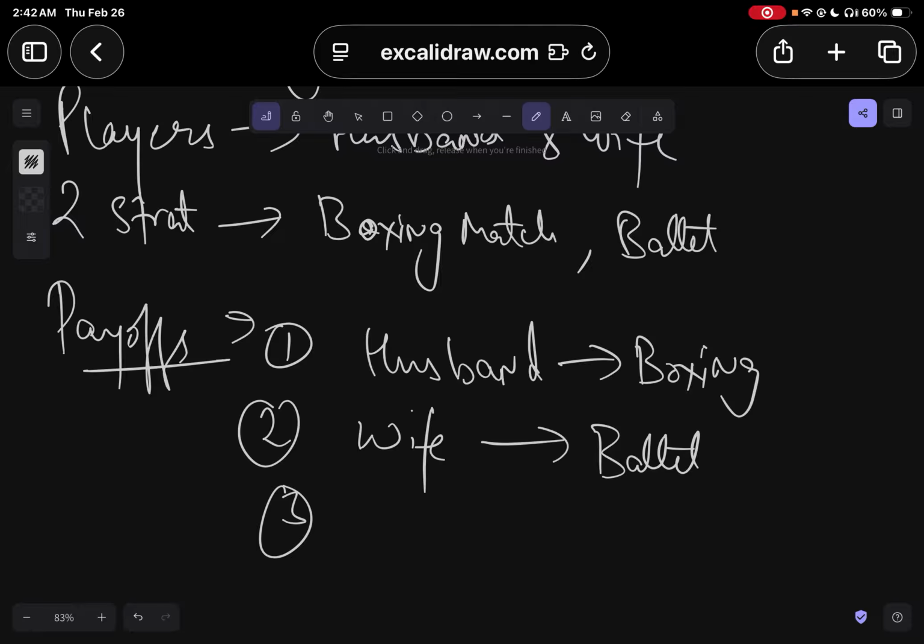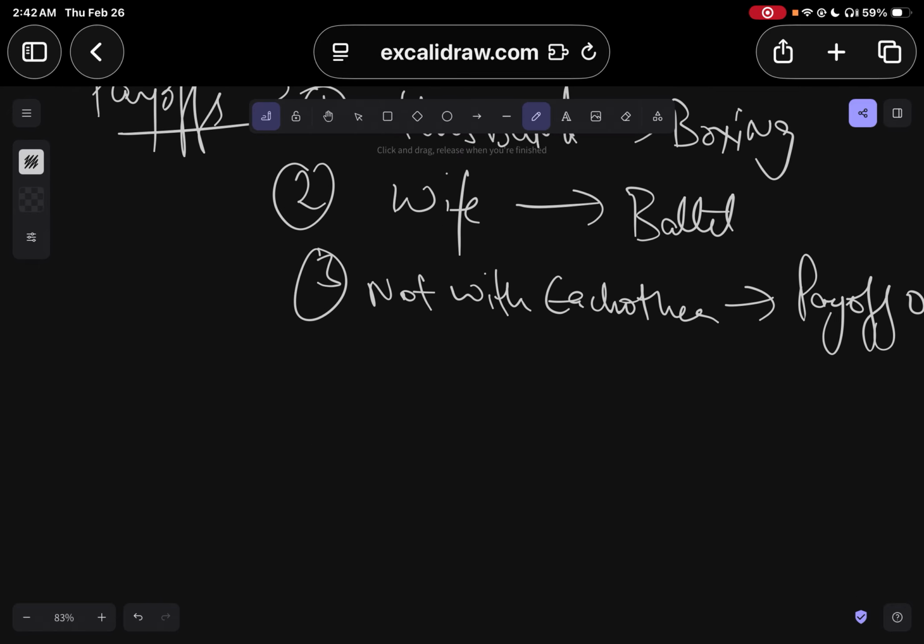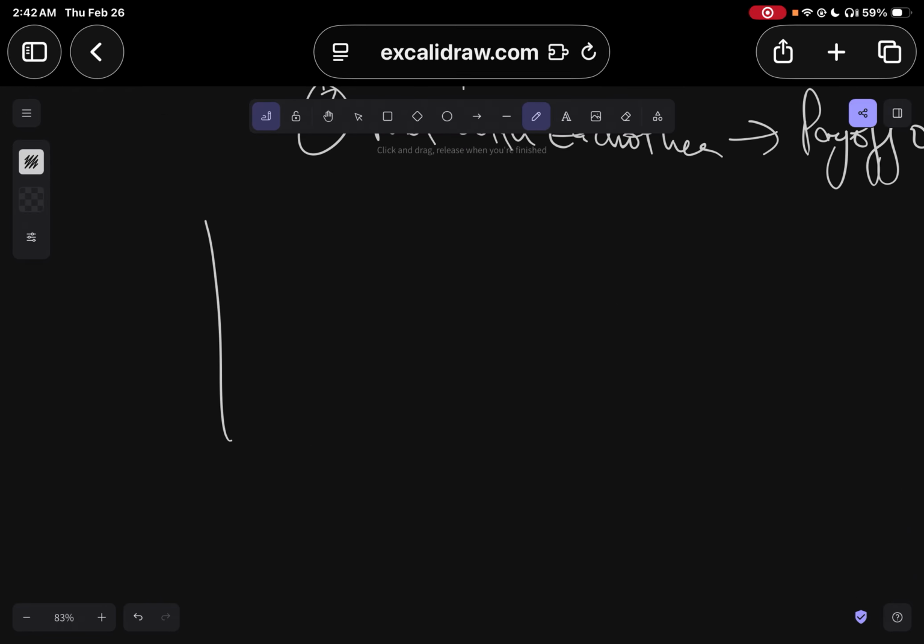So if not with each other, payoff zero. So now we draw the payoff matrix.